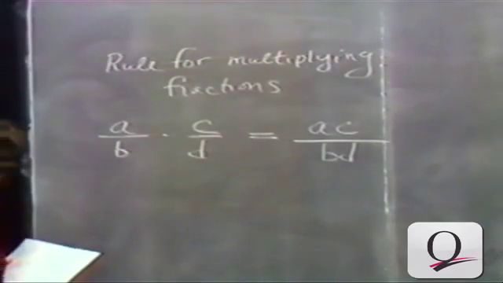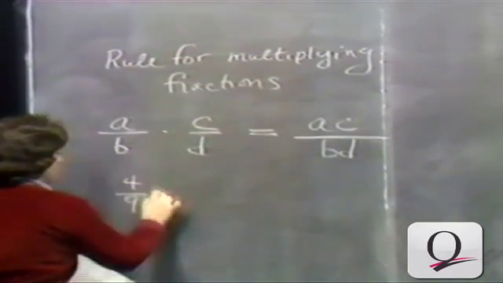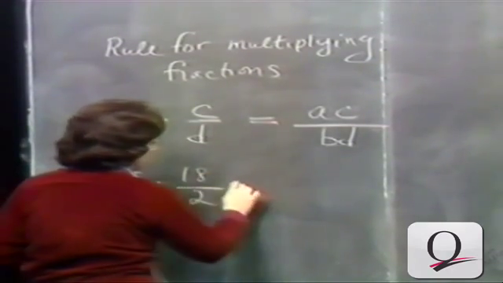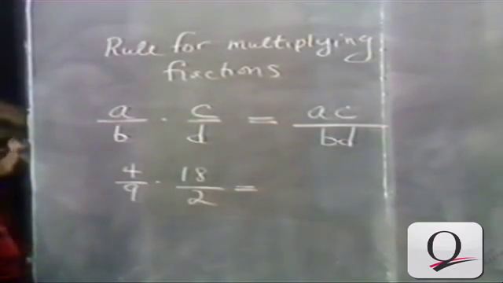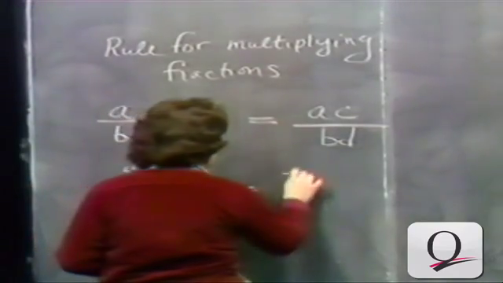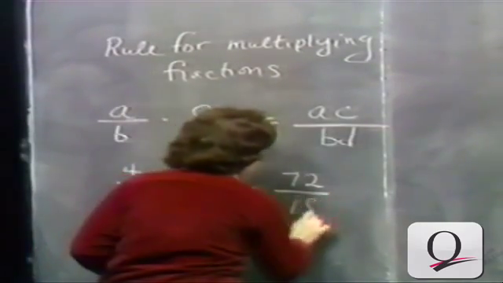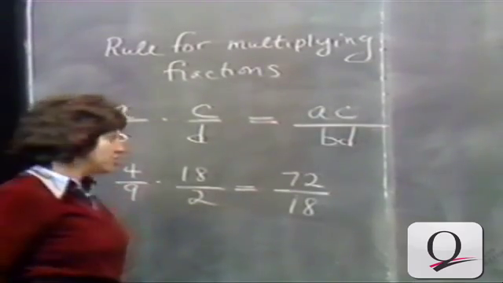Now, in a numerical example, let's say you have 4/9 times 18/2. You can multiply the tops and divide by the product of the bottoms. 4 times 18 gives you 72. 9 times 2, 18. Now that's not in lowest terms. We would always like to get our fractions in lowest terms.